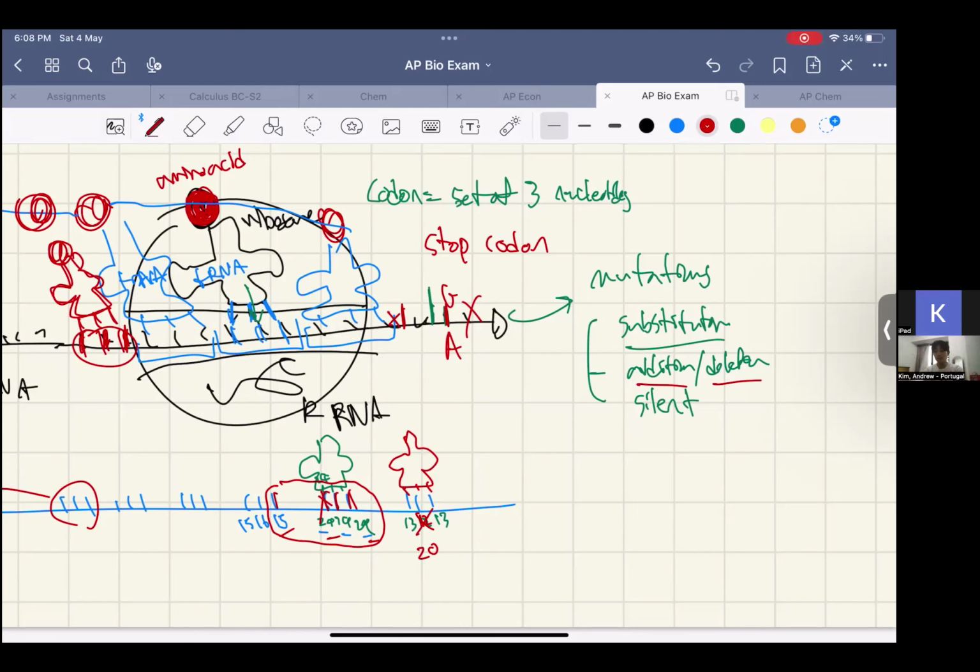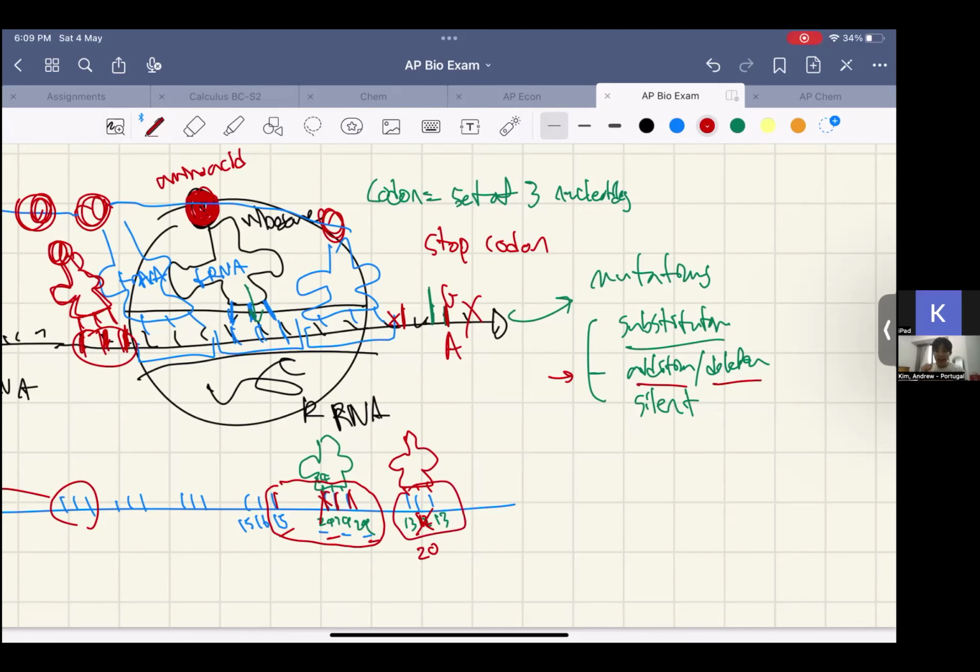Now, what is a bigger issue? Substitution or addition/deletion? Well, addition/deletion. Now we can't 100% definitely say one is a bigger issue, but most of the time, addition/deletion mutation will cause a bigger problem in our body. Why? Because if it's a substitution mutation, only one group will be impacted, right?